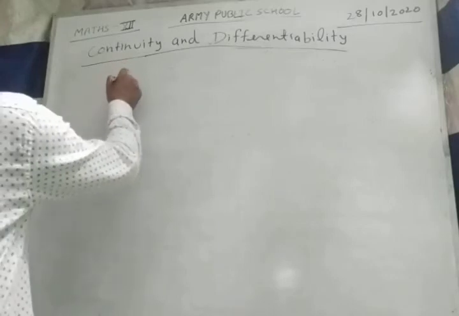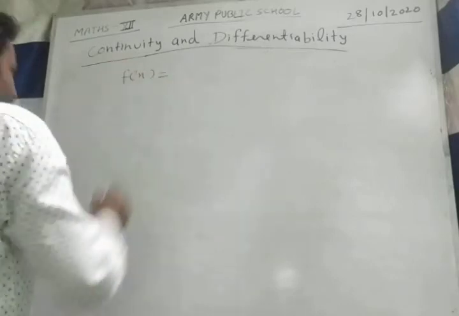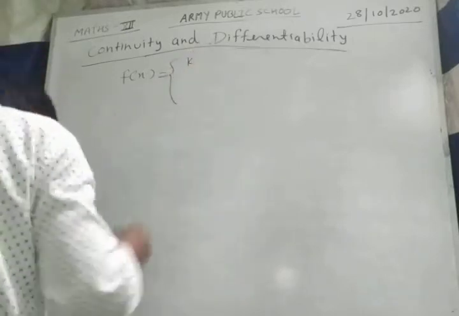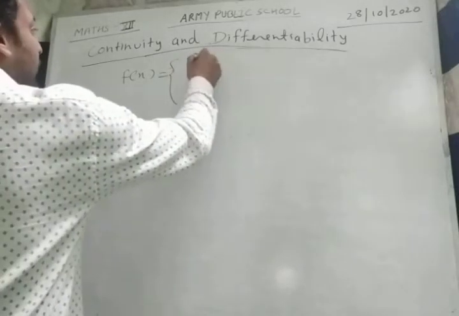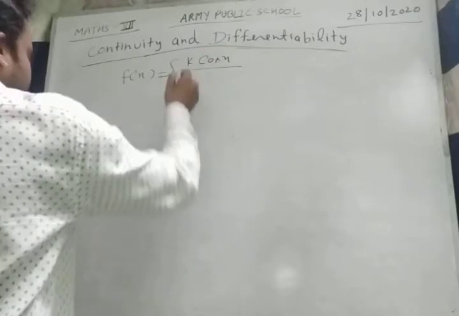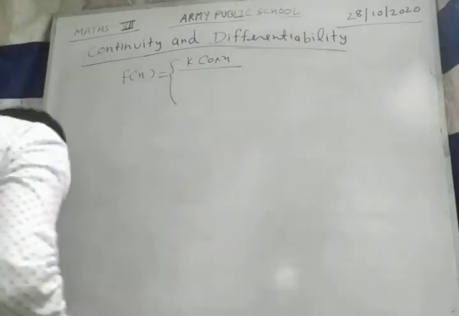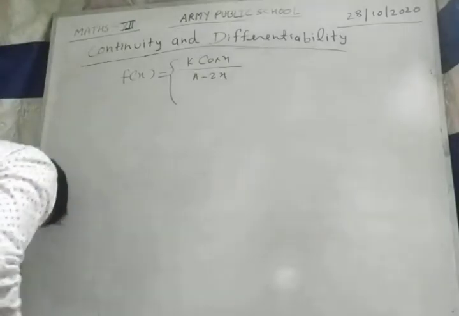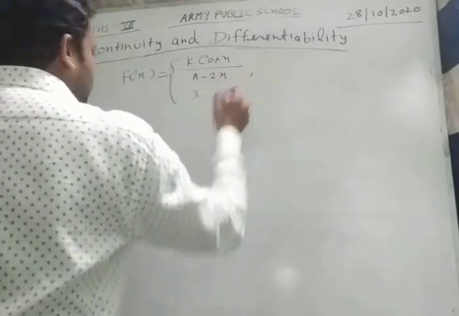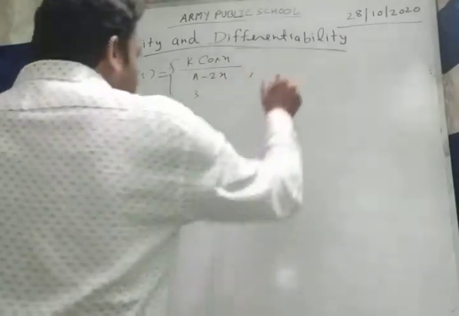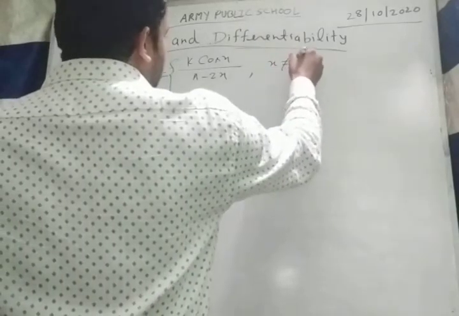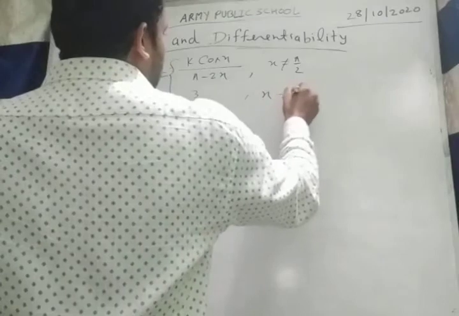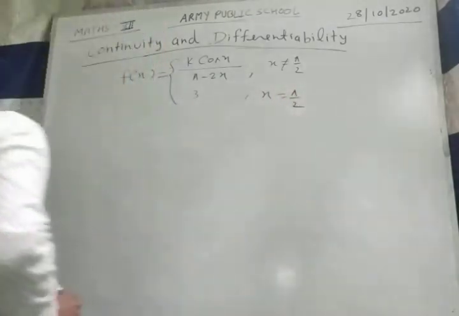f(x) is equal to k cos x divided by pi minus 2x, and this is 3 when x is not equal to pi by 2 and x is equal to pi by 2.